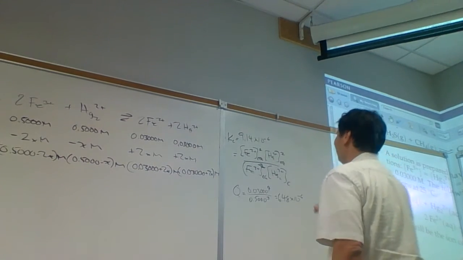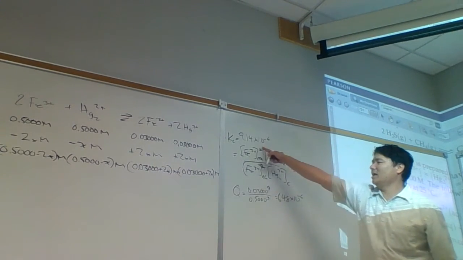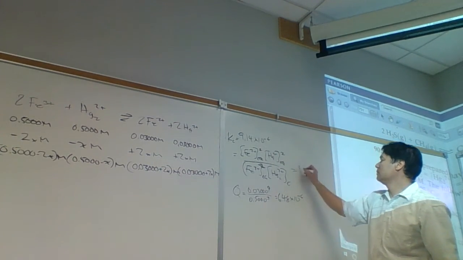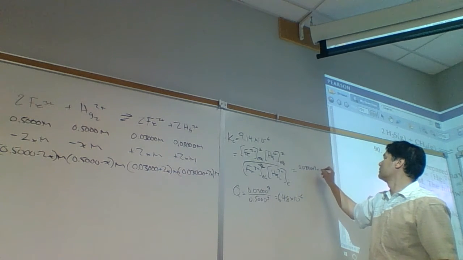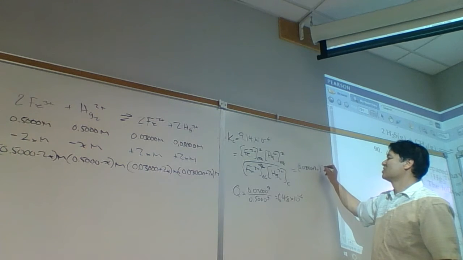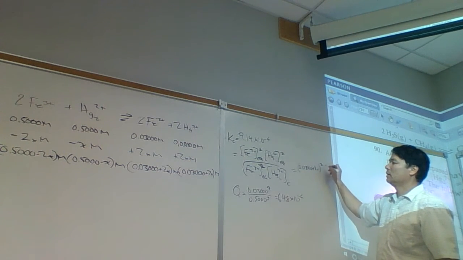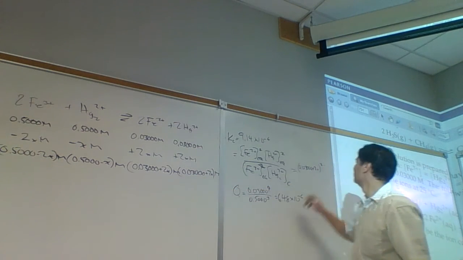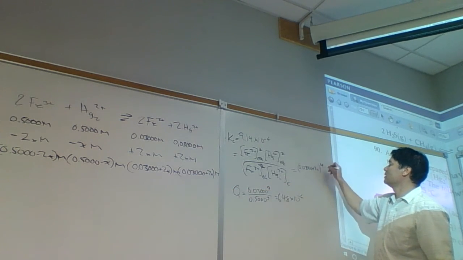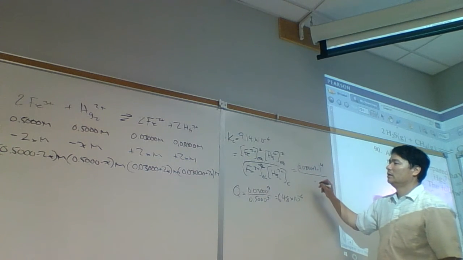And so we'll just plug it in here because we have our Kc value. This is going to be 0.03 plus 2x squared. Actually, this is the same, so we'll just raise it to the 4th: 0.03 plus 2x to the 4th.